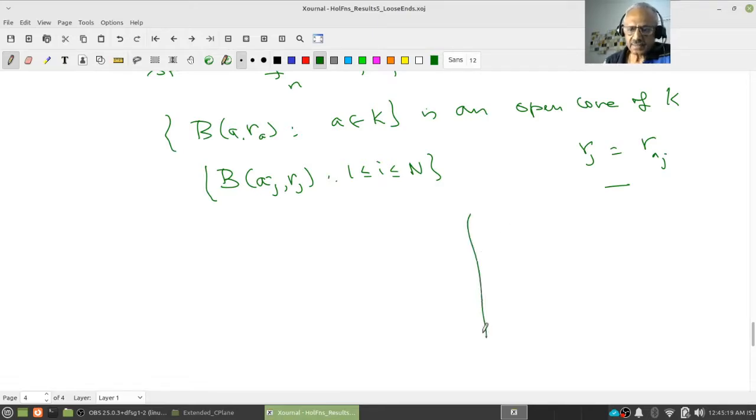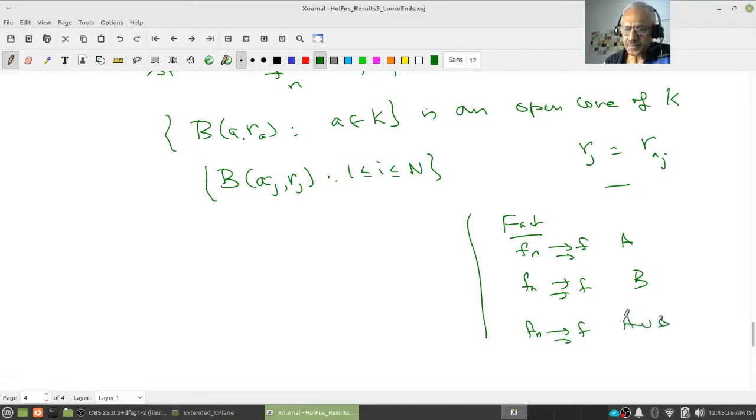Now again, this is an easy fact. Suppose F_n converges to F uniformly on A and F_n converges to F uniformly on B, then F_n converges to F uniformly on A union B. For example, for this epsilon there will be n1, for this epsilon there will be n2. Take the maximum of n1 and n2, then F_n will converge to F uniformly on A union B. These are all easy things.